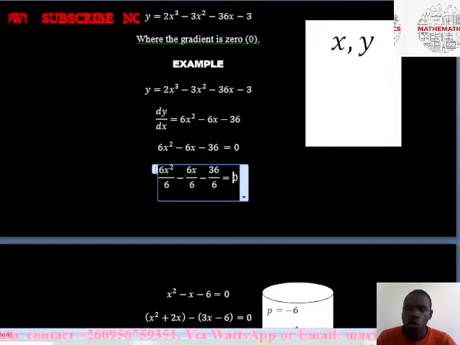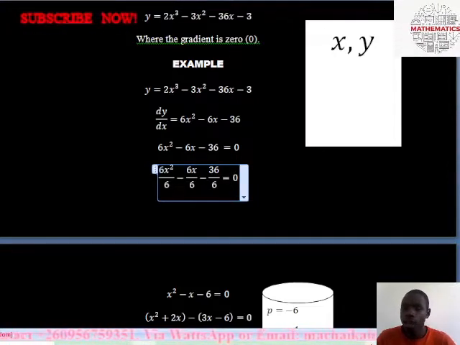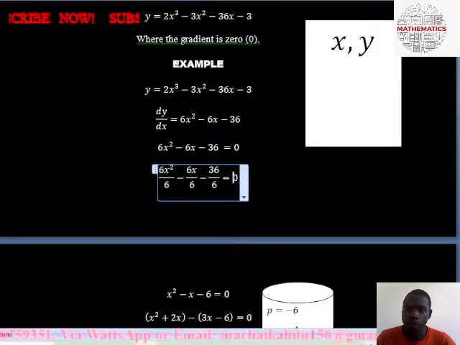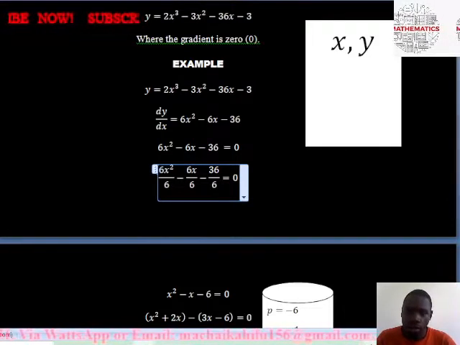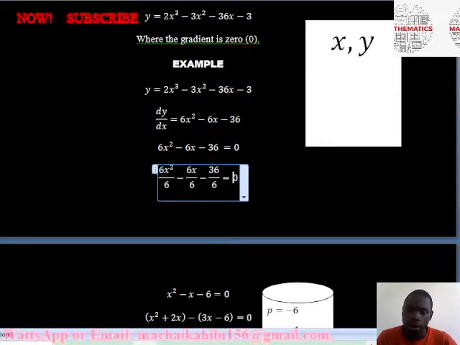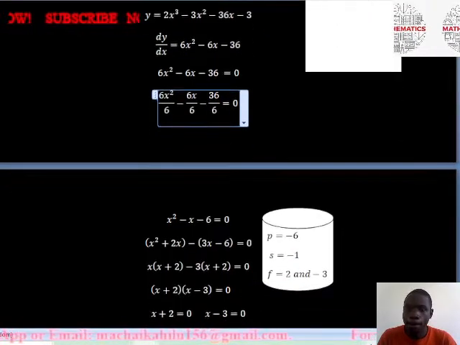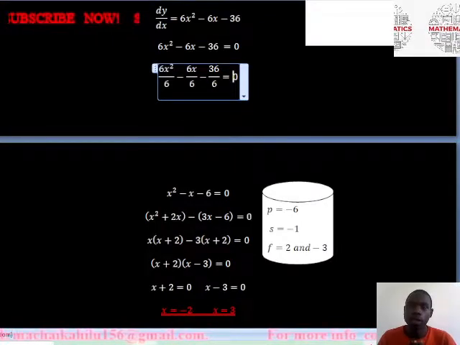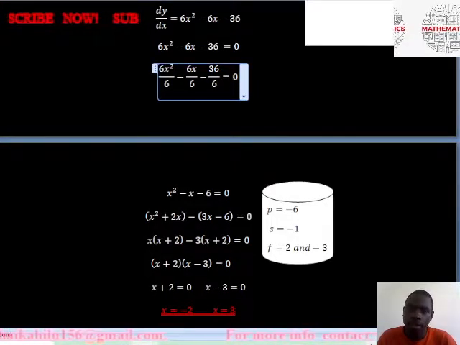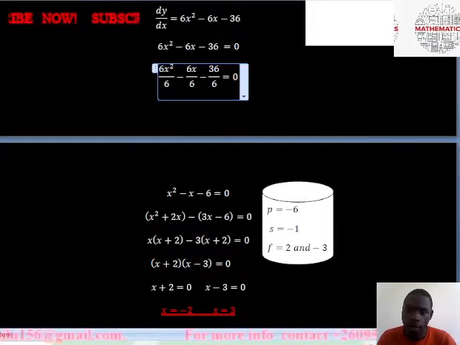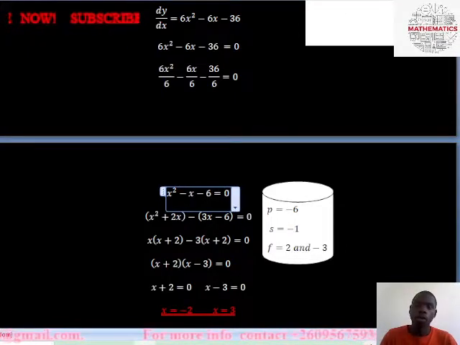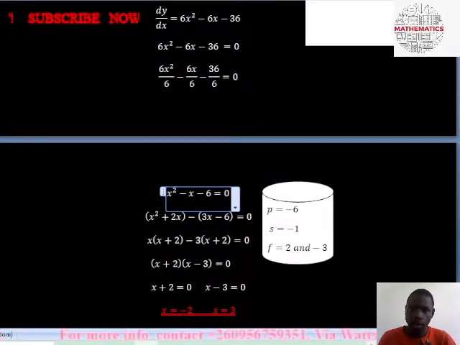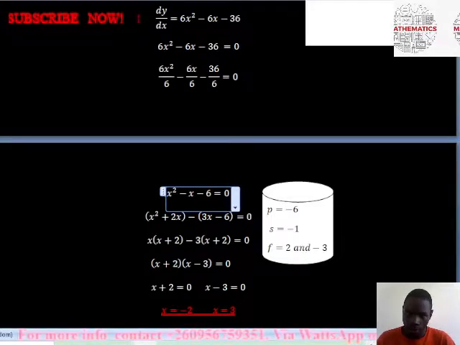Since 6 can go into 6, into 6 again, and into 36, I can divide throughout by 6 so that I remain with the simplified equation. 6 into 6x squared leaves x squared, 6 into 6x leaves x, and 6 into 36 is 6, so I have x squared minus x minus 6 is equal to 0.